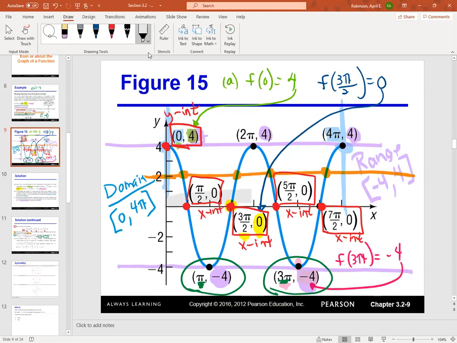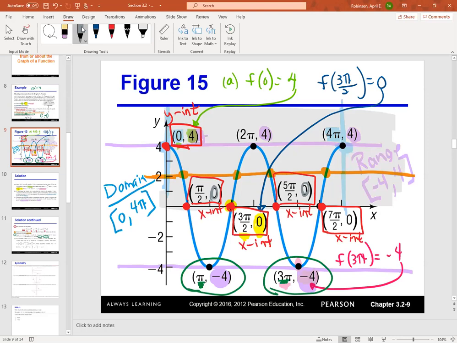Now all of my graph here is in the first quadrant or the fourth quadrant, so I only want first quadrant stuff, but I cannot include the ones that have a 0, which would be this one and this one. I can't use those because it didn't say equal to.